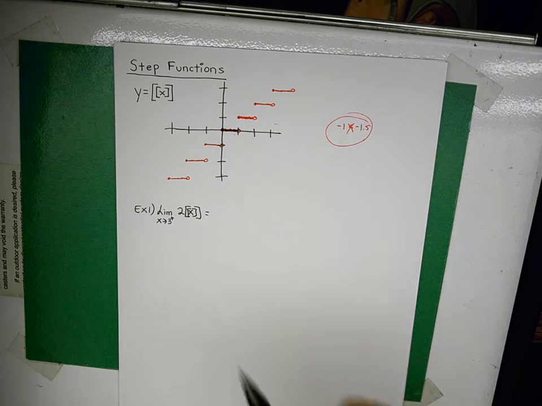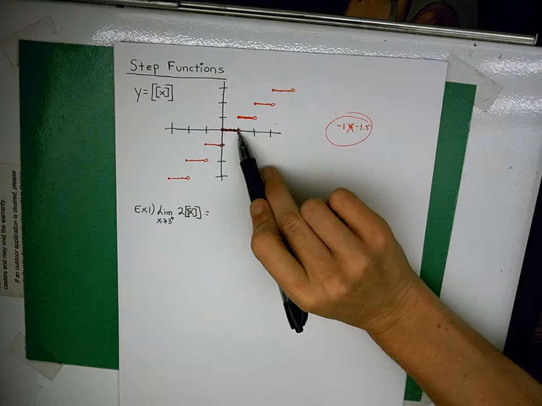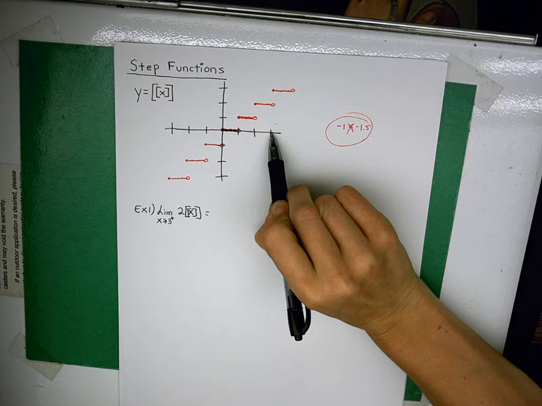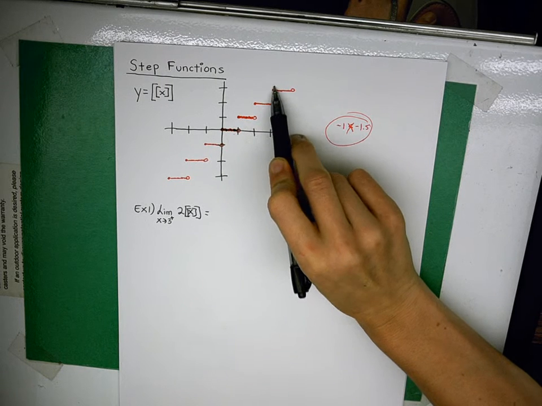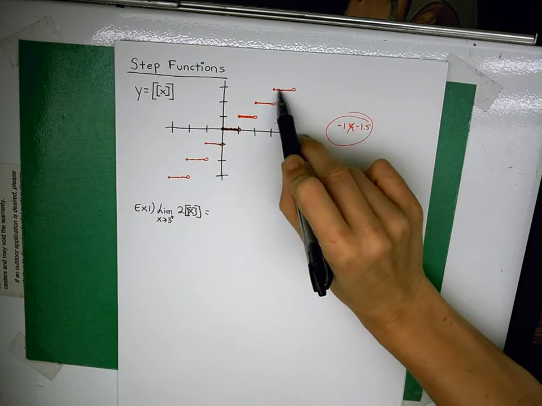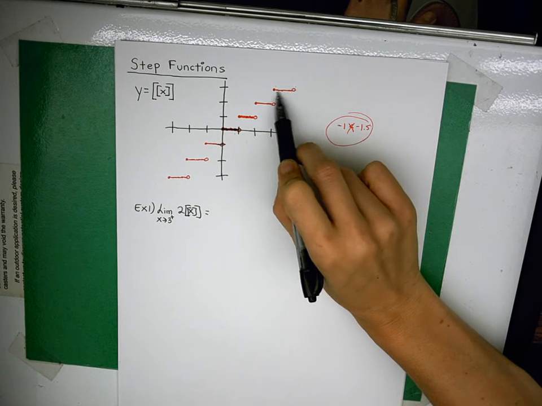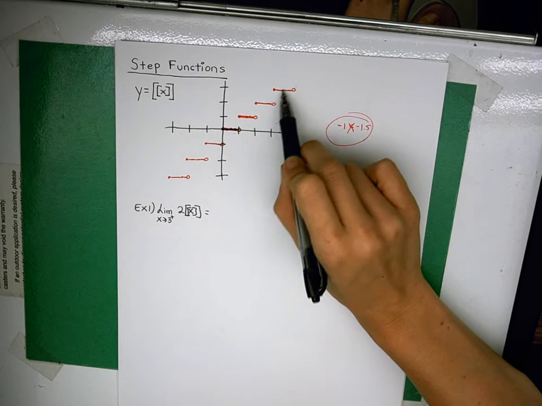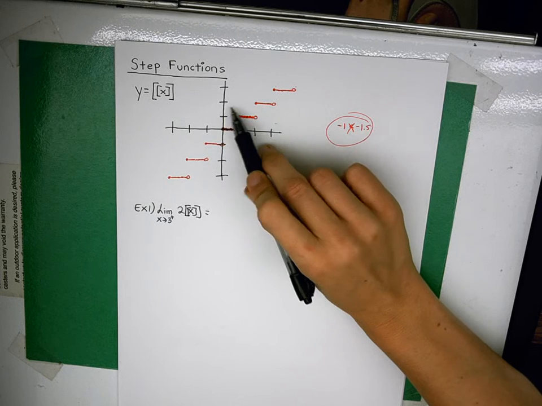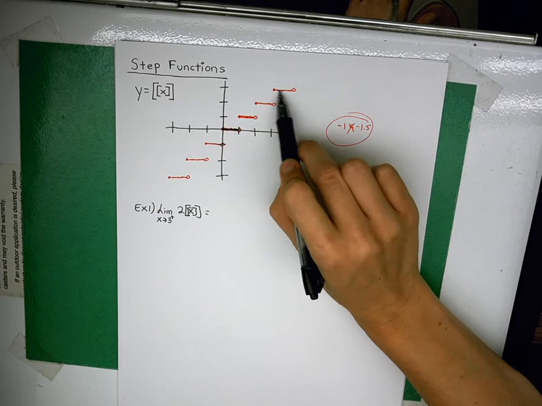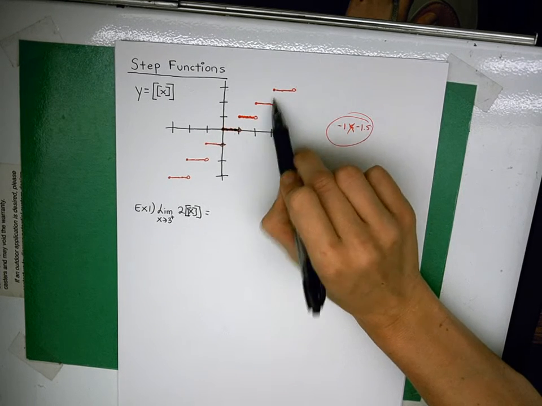Okay, well, the reason we need a one-sided limit is because if I look at x equals 3 here, 1, 2, 3, I notice at x equals 3, I've actually got 2 things approaching x equals 3. One's approaching from the left, one's approaching from the right, and they're 2 different numbers. From the left, I'm at 2. From the right, I'm at 3.